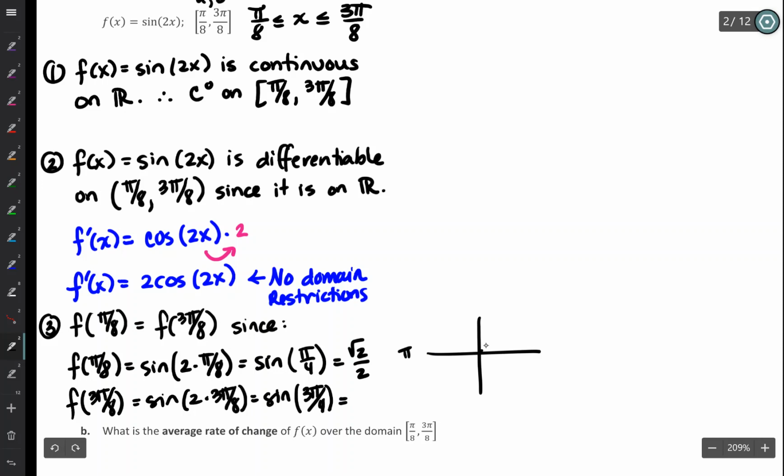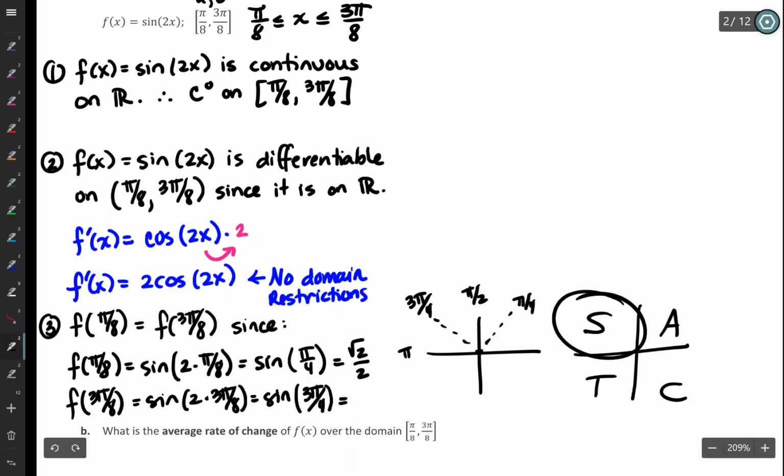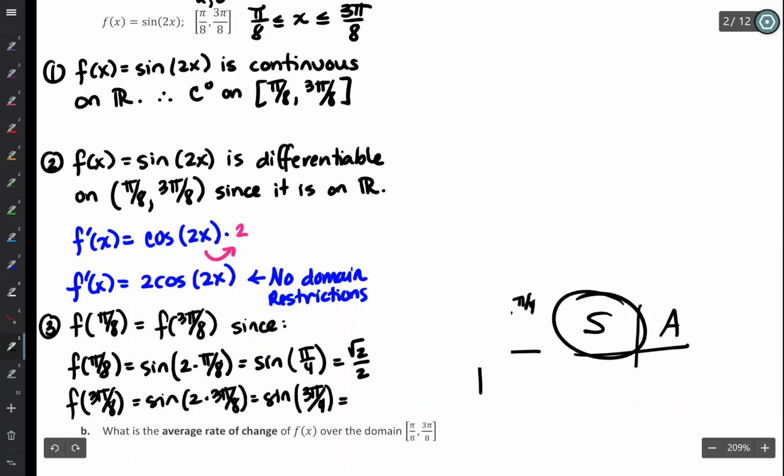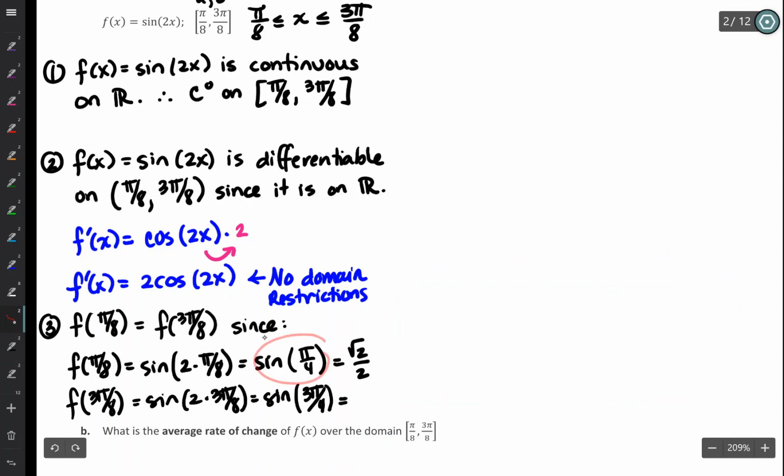Here's pi over 4, 2 over 4 is pi halves, 3 pi over 4. We're in quadrant 2, and sine is positive in quadrant 2. All students take calculus. So this is the same as the sine of pi over 4, which is root 2 over 2.